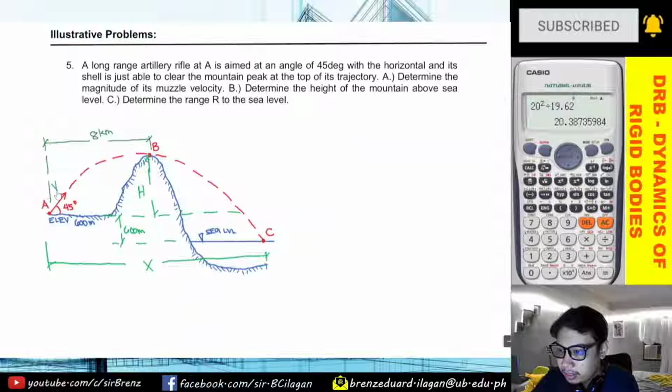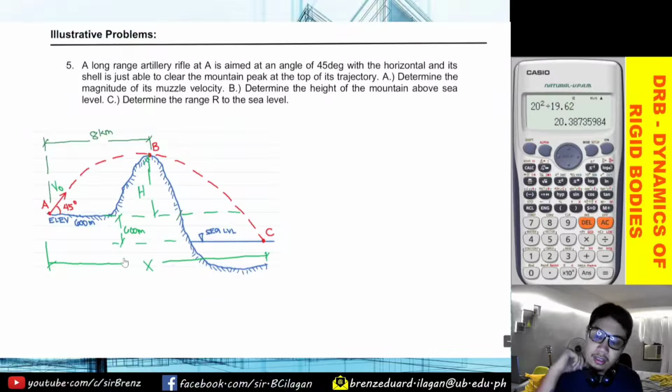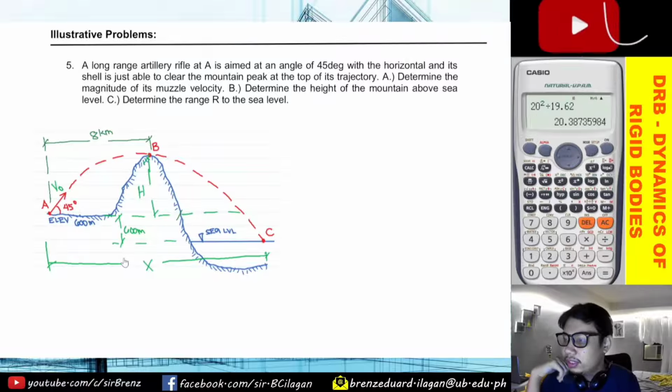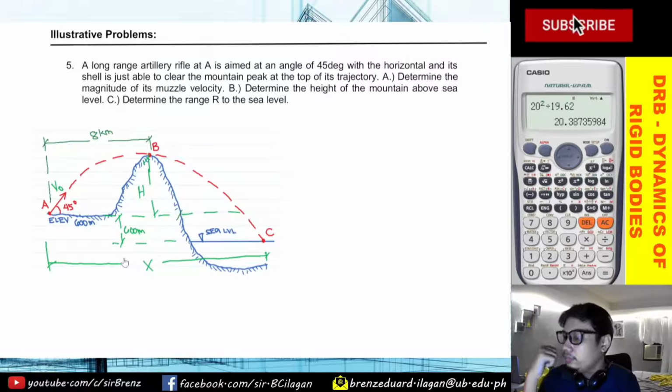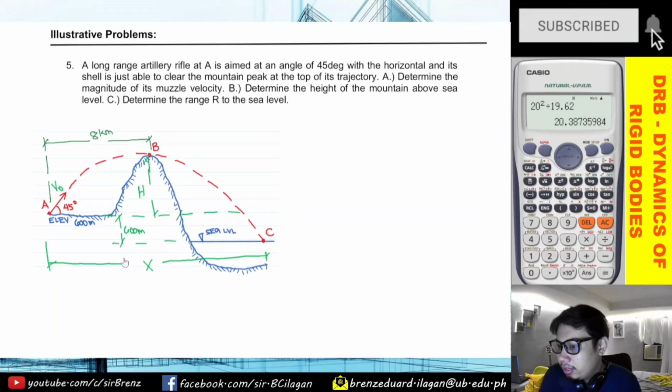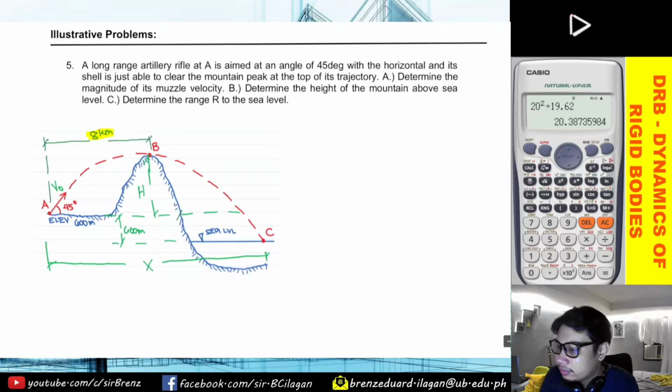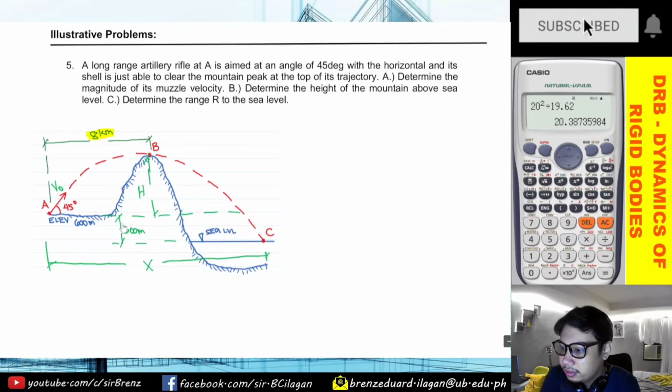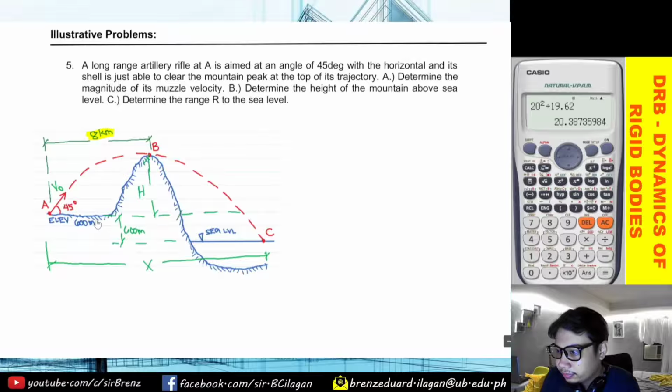Again, ang hinahanap dito is yung initial velocity ng muzzle. So how can we solve for that one? Okay, so since nagbigay siya dito ng given na 8 km, so most probably gagamitin natin siya para makakuha tayo ng equation in terms of time na relate si initial velocity.